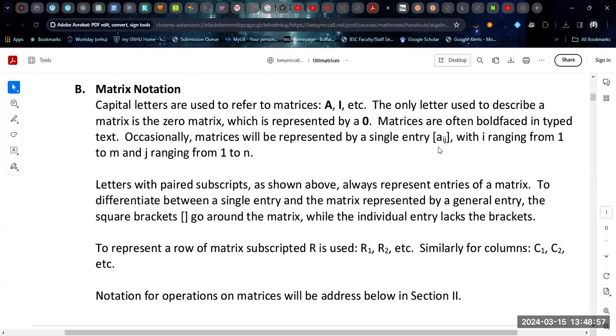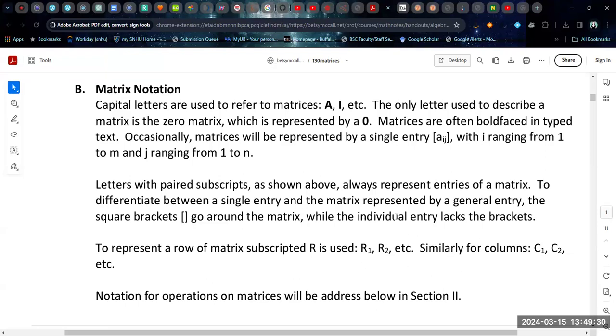Sometimes you will see them generically referred to by a single arbitrary entry, in square brackets, a_ij, particularly when you have a general formula for representing the entries of that matrix. The lowercase letter for the entry will match the capital letter for the entire matrix. So matrix capital A would have entries lowercase a with subscript ij to represent which row and column they belong to.